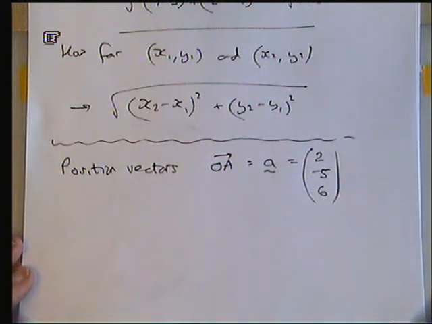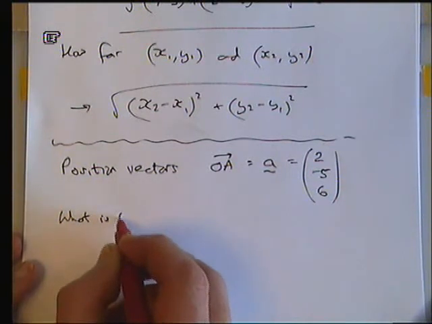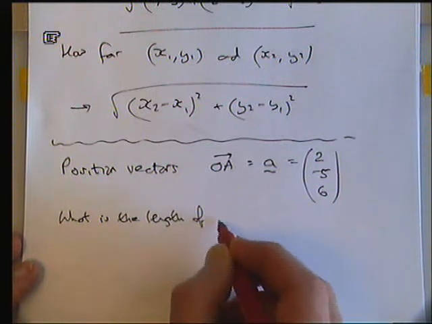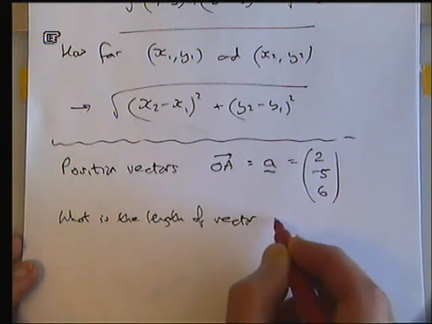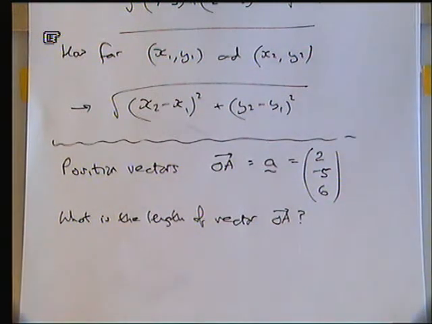What I want to know first of all then is what is the length of the vector OA, of the position vector OA. So it's very much like what we did earlier on. It's three-dimensional though, it's not two-dimensional.